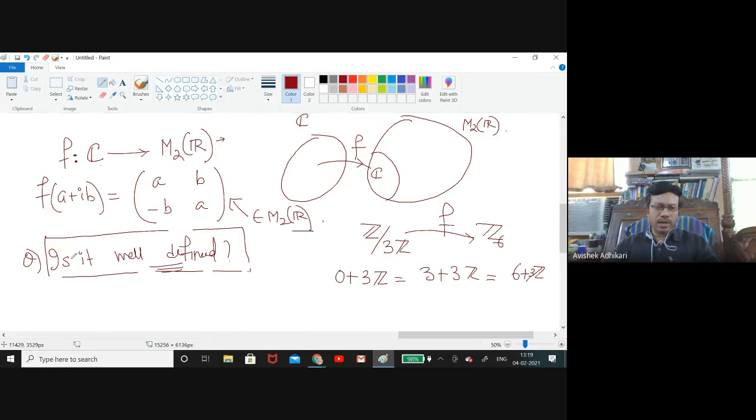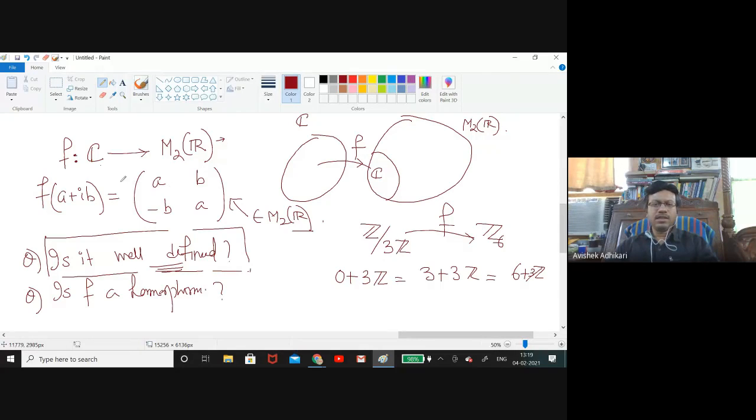Okay, but the second question is, is it a homomorphism? What would be your answer? How to check? Of course, homomorphism with respect to what? With respect to ring.